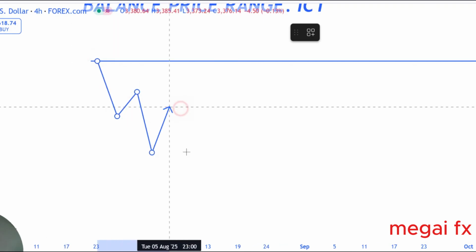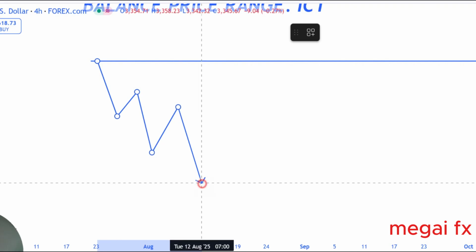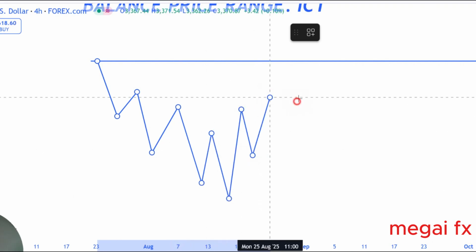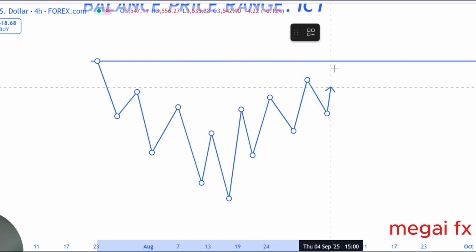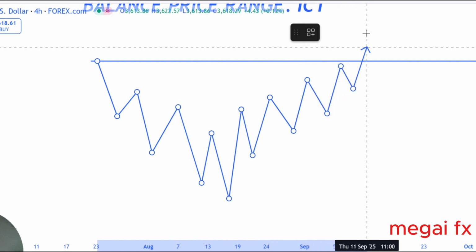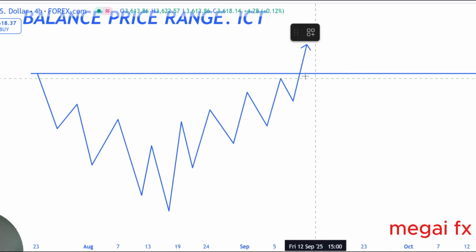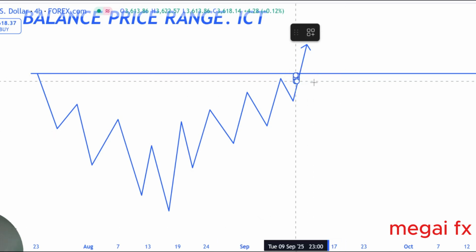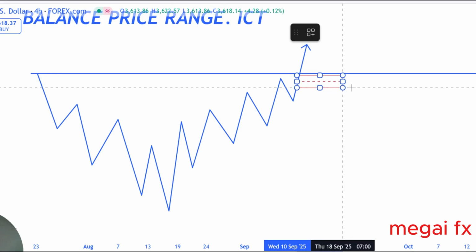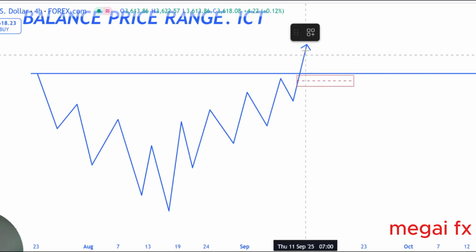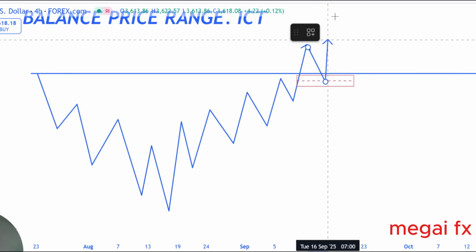Market went down aggressively. Then later, market returns to this swing point and takes liquidity. What we are after is to see if the fair value gap created by price around this level is going to support price higher like this.